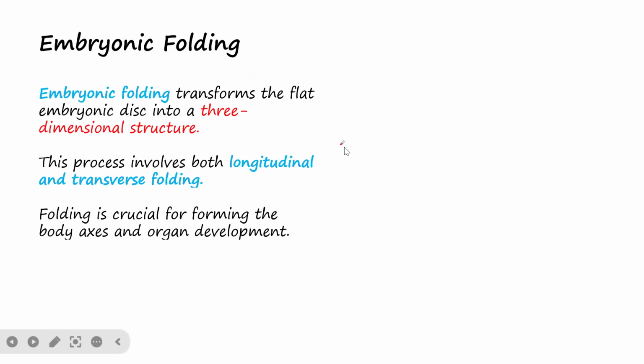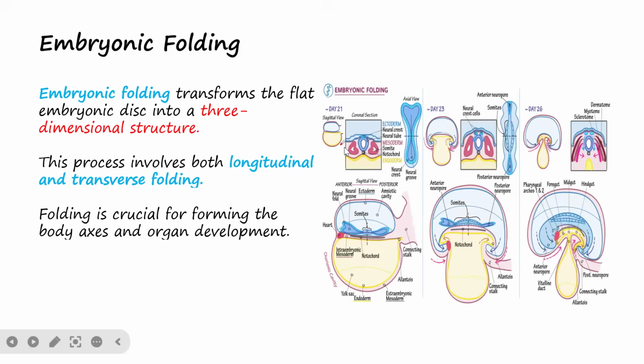It is important in forming the body axis and then organ development. So this is what happens during embryonic folding. It involves both longitudinal and transverse folding. As you can see, this embryonic folding starts after 21 days of pregnancy, then 23, and also 26.